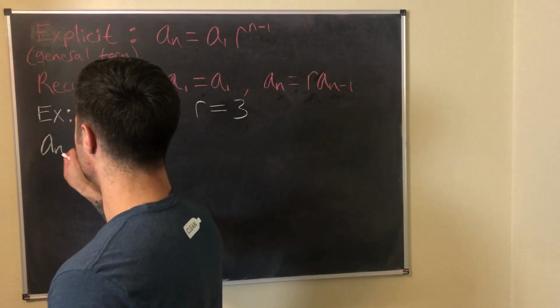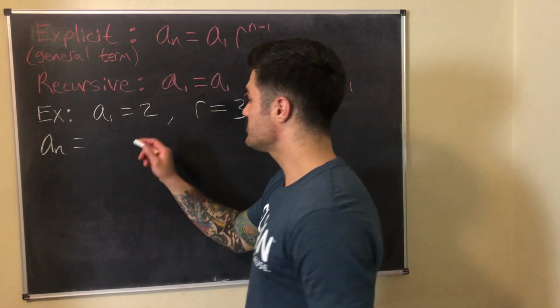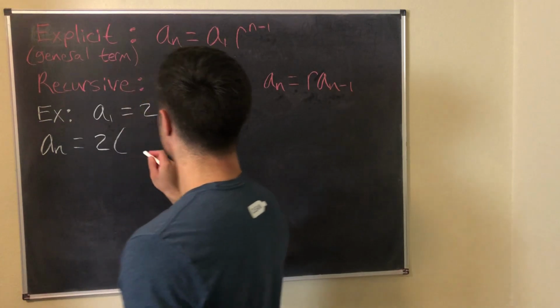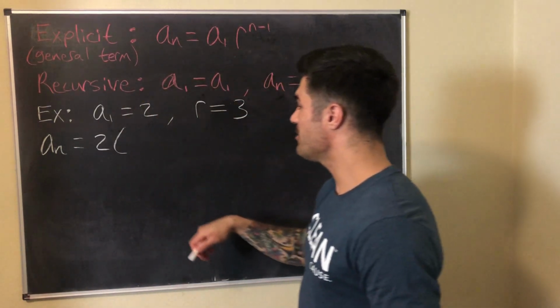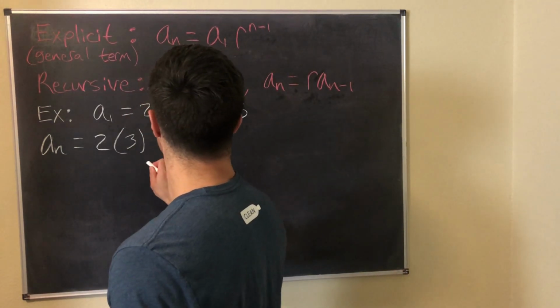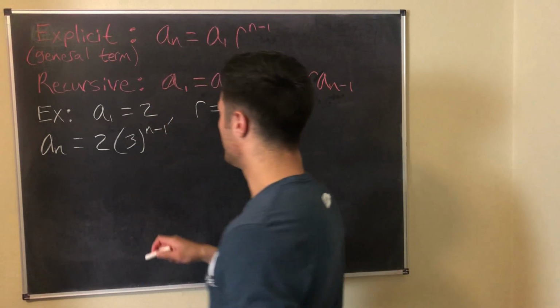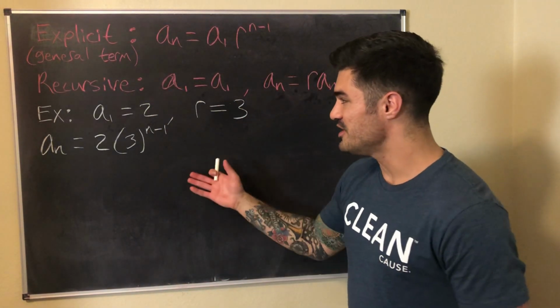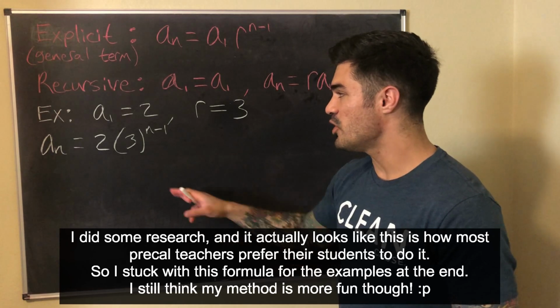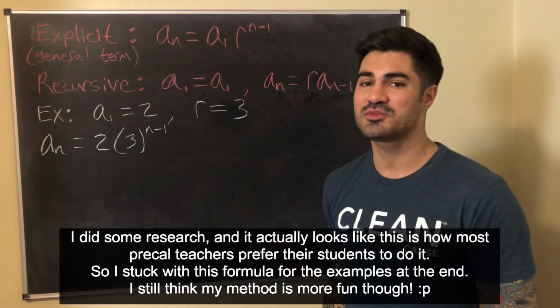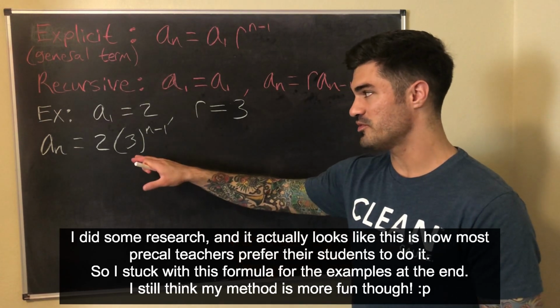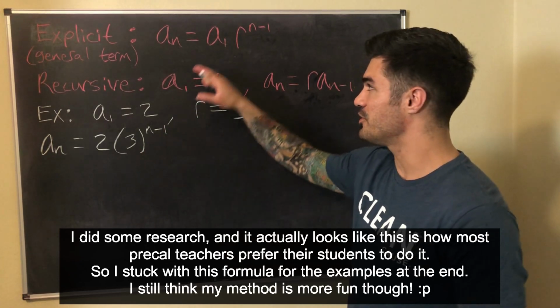We know that a_n equals the first term, so 2, times the common ratio, which is 3, to the n minus 1 power. A lot of instructors will let you leave it like this, it seems like. Some of them want you to just have n in the exponent, but from what I've seen, this is a perfectly fine answer for your explicit formula.